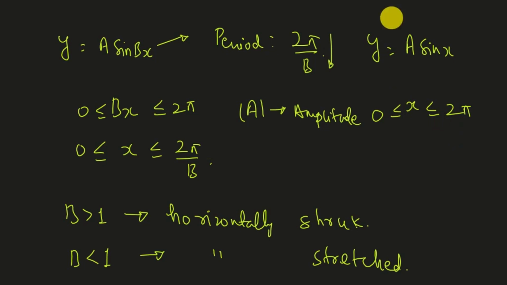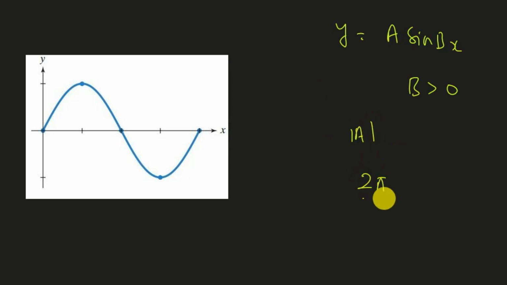So I can conclude here that if you have to graph the function y equals a sine bx, where b is greater than 0, then the amplitude is mod a and the period is 2 pi by b. Let me represent it on the graph.